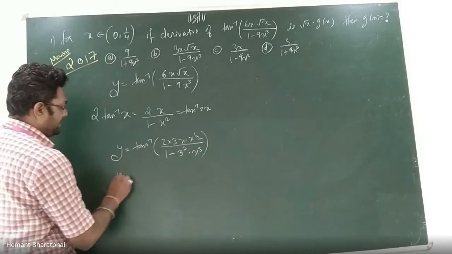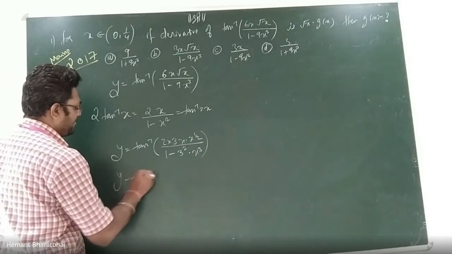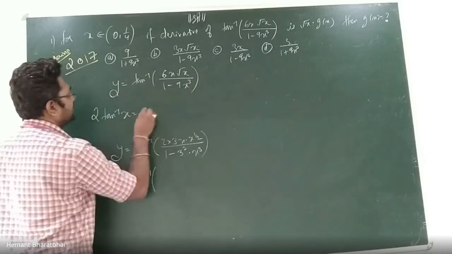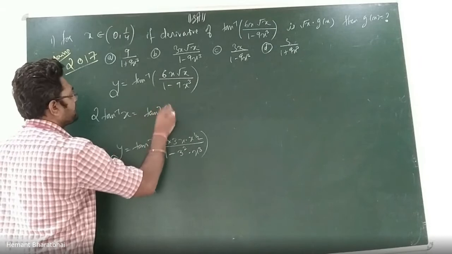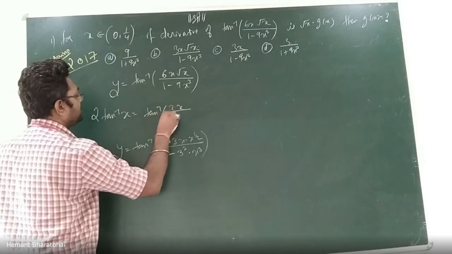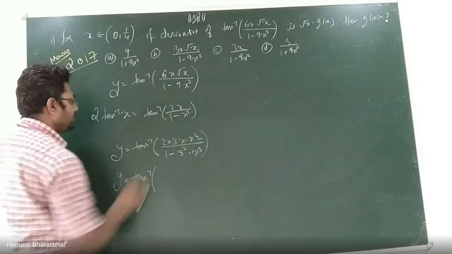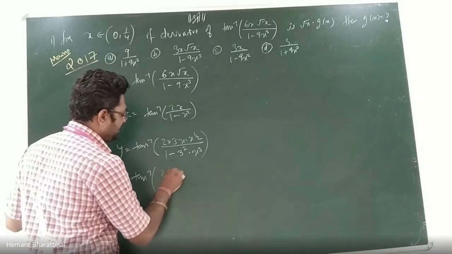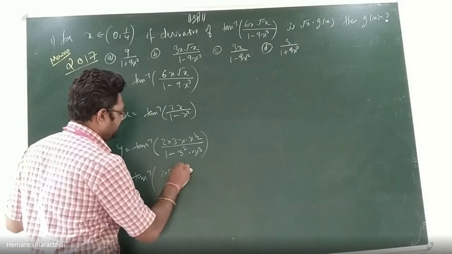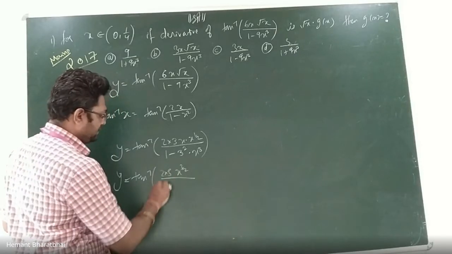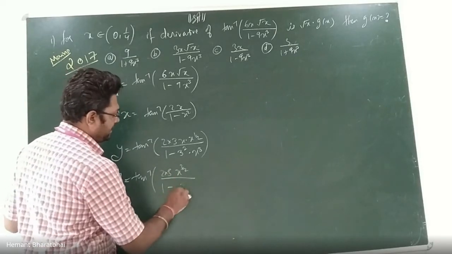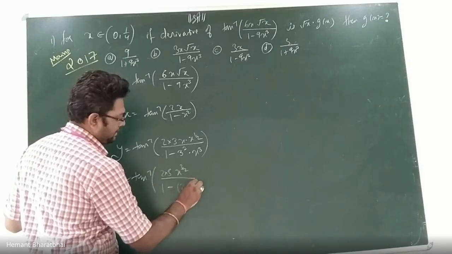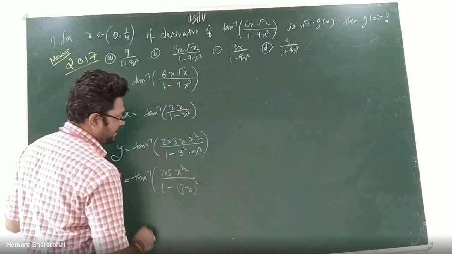Therefore, I'll get y is equal to, I've made a mistake, I guess. Yes, it is tan inverse of 2x upon 1 minus x square. So that can be written as 2 into 3x raised to 3 by 2. So here also I can write 1 minus 3x, the whole square.